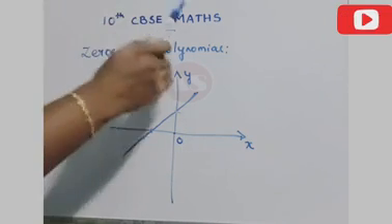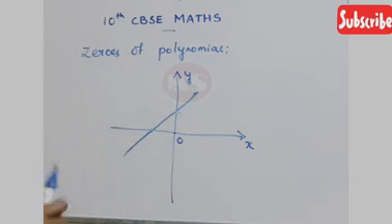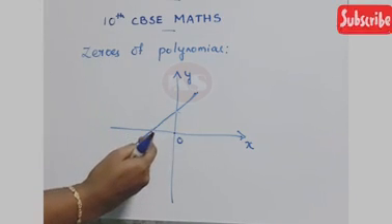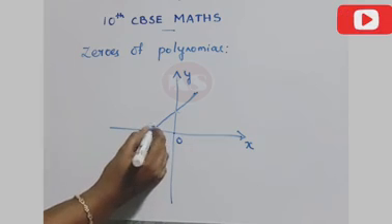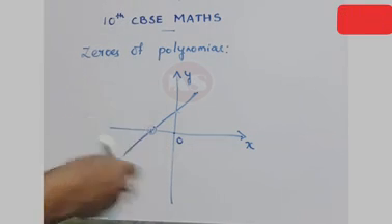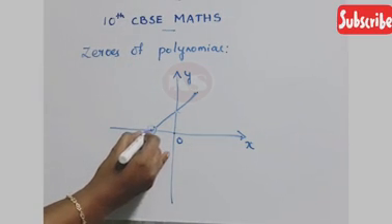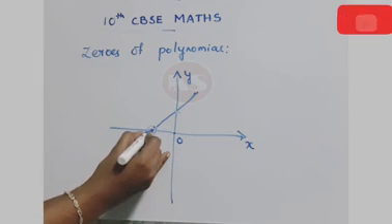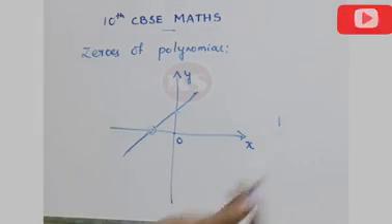We are not bothered about the y-axis, we only consider the x-axis. The point where it cuts the x-axis is called the zero of the polynomial. How many zeros of the polynomial are in this graph? We can easily find there is only one point cutting the x-axis, so the number of zeros of the polynomial is 1.